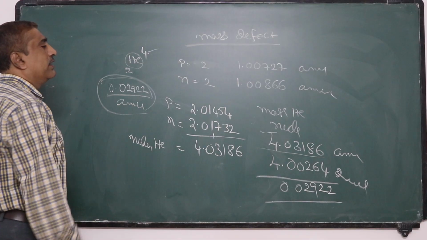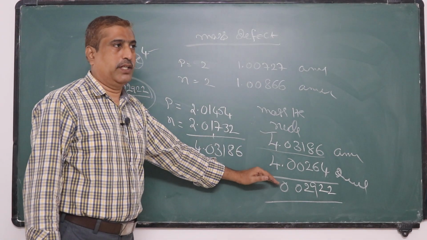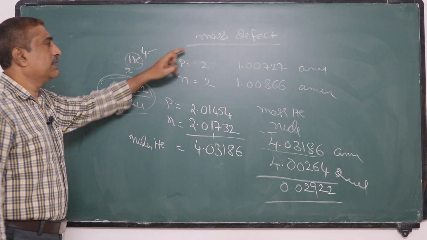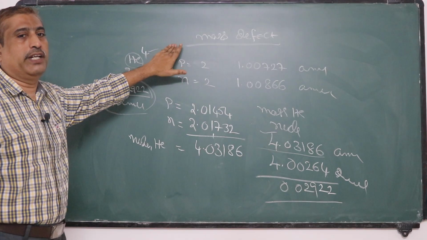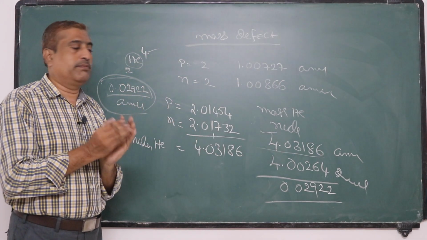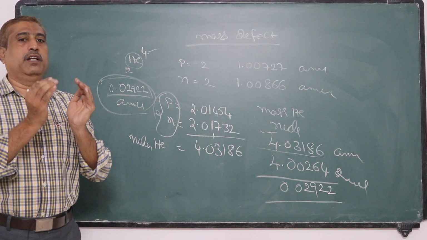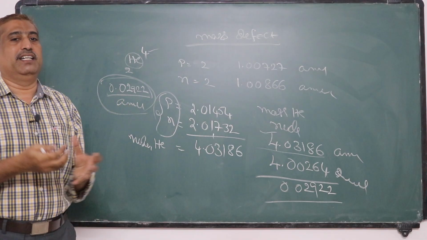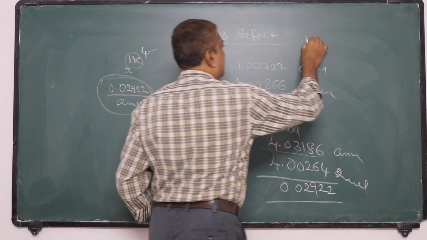This is the difference in mass between the calculated and the observed one, and this difference is called mass defect. This difference in mass is converted into energy when a nucleus is formed. That means if these 4 nucleons combine to form a helium nucleus, energy is released, and that energy is called binding energy.